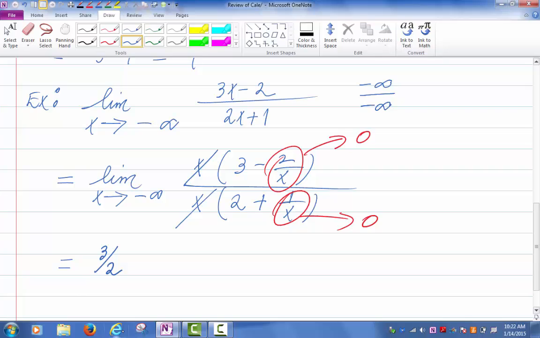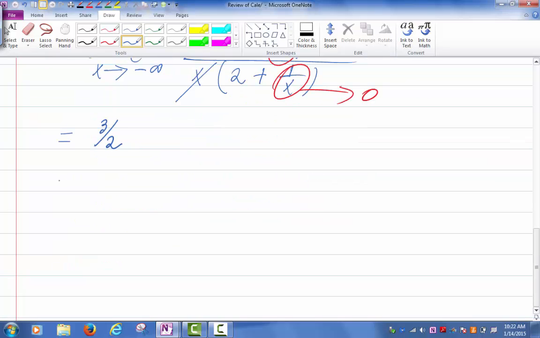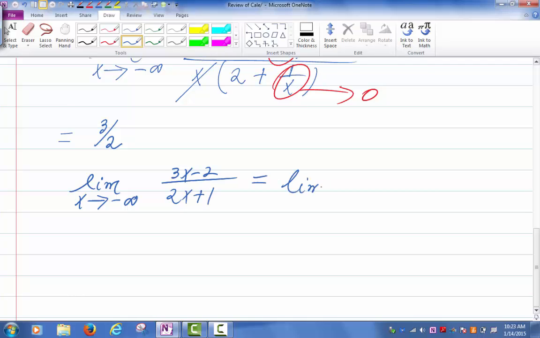So if you ignore the lower order terms, the other way of doing this would be that I am looking at the limit as x goes to negative infinity of (3x - 2)/(2x + 1), and this limit would be the same as the limit as x goes to negative infinity of 3x divided by 2x.